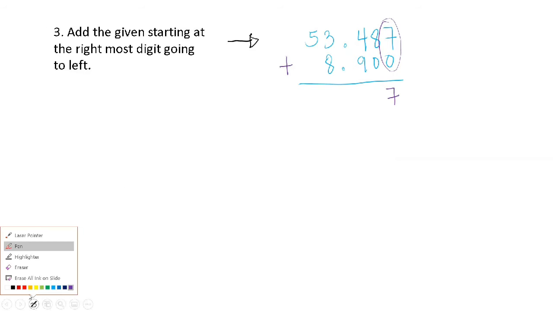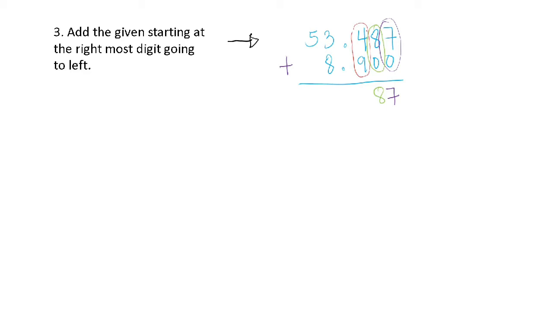Next value natin will be 8 plus 0. It is equal to 8. Next natin to add is our 4 and 9. So 4 plus 9, it is equal to 13. So bring down 3 and carry over 1. And after that, we should copy the decimal point. So yung decimal point natin should be here also. Dapat naka-align din si decimal. And then after that, proceed with our addition.